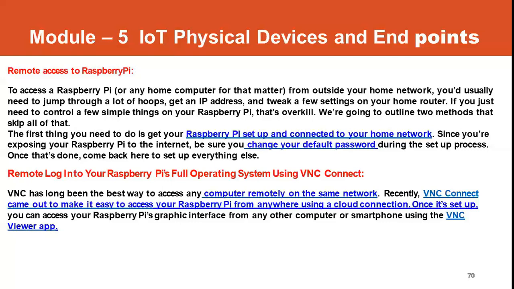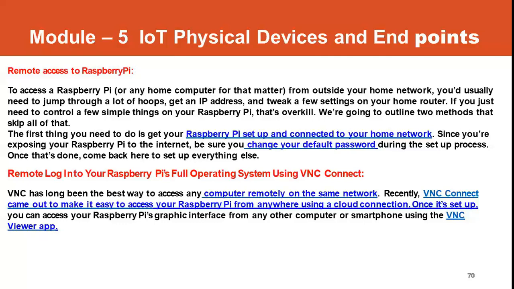In order to access the Raspberry Pi from outside the network, it has to pass through many hops, including the routers, switches, gateways, bridges, anything. For that purpose, it has to get the IP address. All these things can be done in the router. If we don't want to use all the controls on this, that can also be skipped.